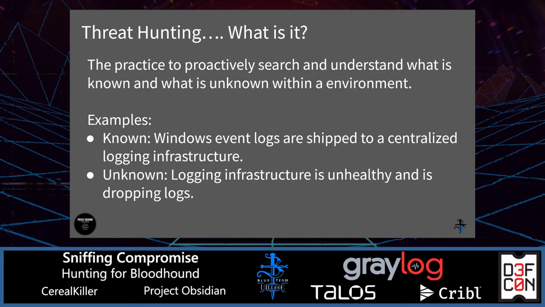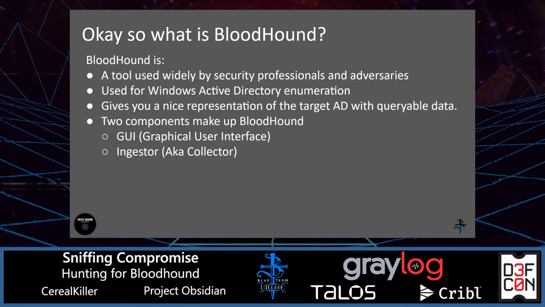Now that we have a short understanding of what threat hunting is, let's talk about Bloodhound. So Bloodhound is a tool used by many security professionals. They're either on the red team or blue team, but it's also used by adversaries.